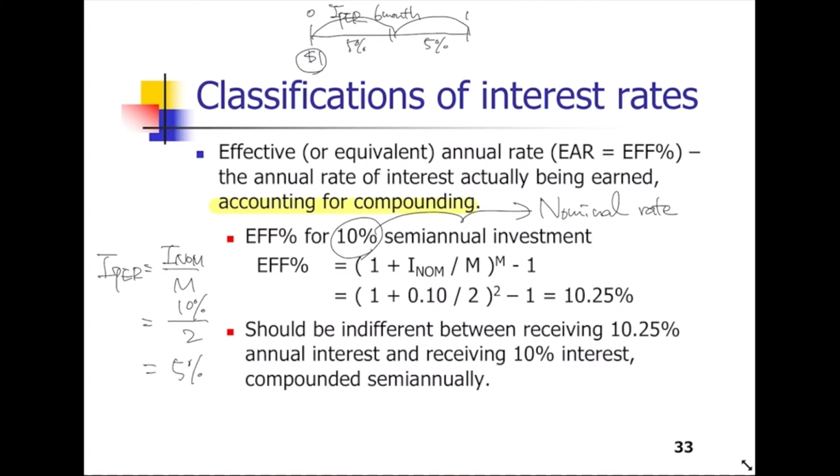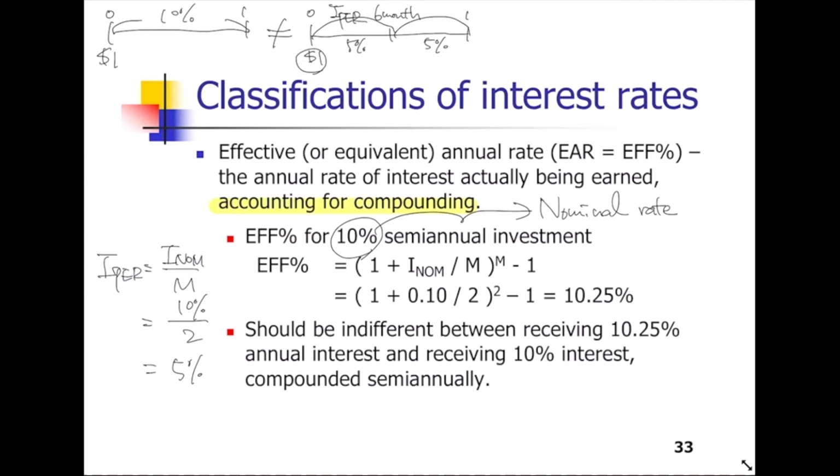Now we want to know the annual rate, the interest actually being earned, accounting for compounding. How can you calculate it? Is that the same as this?